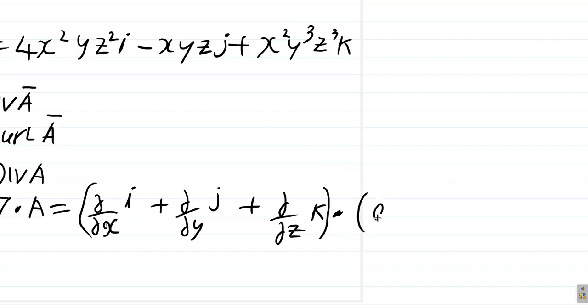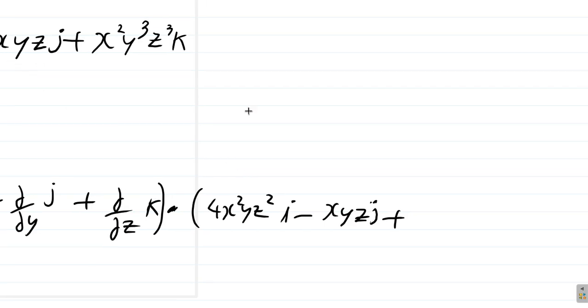Remember, generally we said it was Ax i, but we have the function. We know what Ax is. Ax is 4x squared y z squared, then we have i; minus, Ay would be x y z, that's j; plus Az would be our x squared y cubed z cubed k.